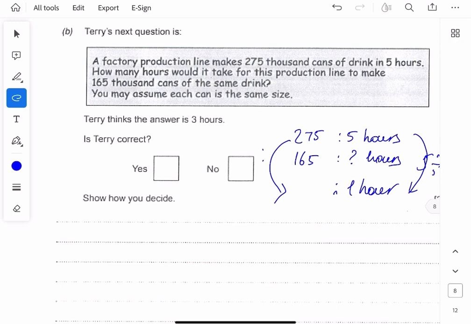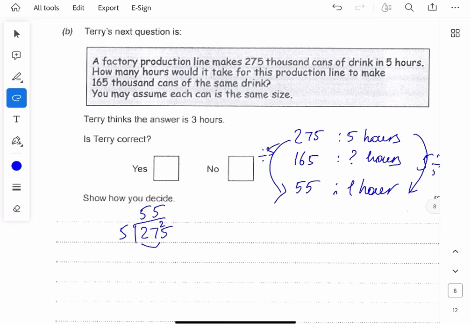So let's have a look at finding 1 hour. How many cans can be made in 1 hour? That means 275 divided by 5. So use the bus stop method. 5 into 27 goes 5 times, 2 left over, and 5 into 25 goes 5 times again. So that gives you 55,000 cans in 1 hour.